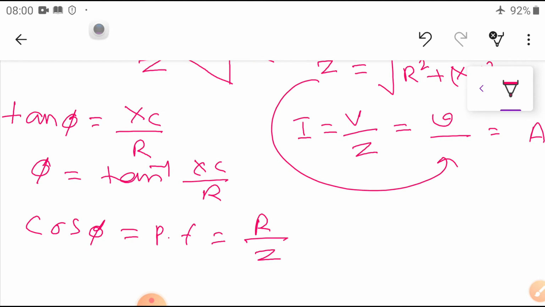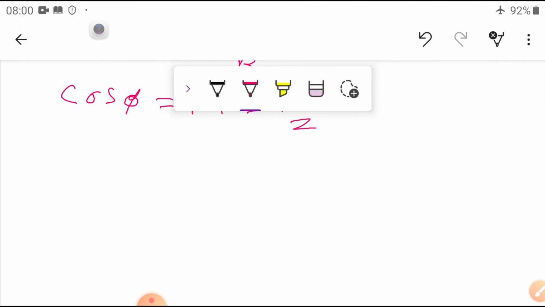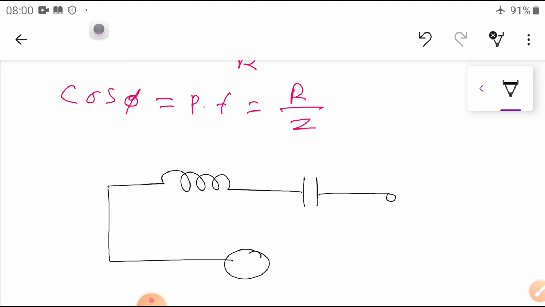Similarly, you are going to find, if only resistors are connected, or if inductance and capacitance are connected, what the current is and what the power factor is, and what the relations are. This is also the same thing.